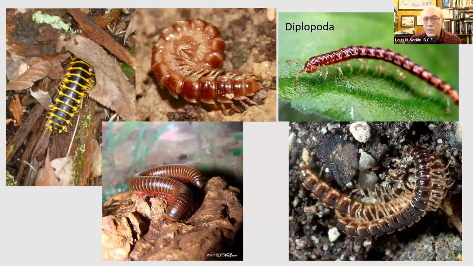The mating structures of the male occur in the front fourth or so segment of the body, and that's the reason for the non-two pair of leg segments in the beginning segments of the body. And they also have antennae for sensing their environment.